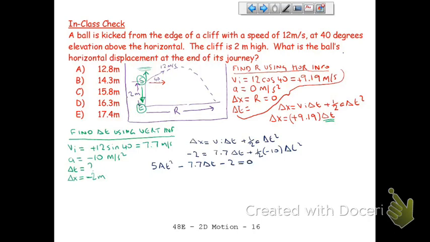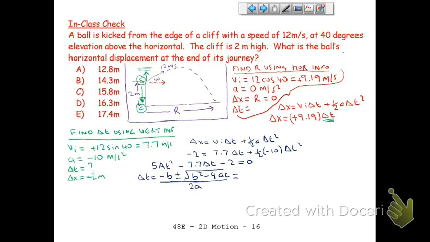That's quadratic. You want to solve that. You say delta t is equal to minus b plus or minus the square root of b squared minus 4ac, all over 2a. And of course a is the first coefficient, b is the middle coefficient and c is the last coefficient. If you put everything on the other side, everything would have the opposite sign, so the answer would work out the same.